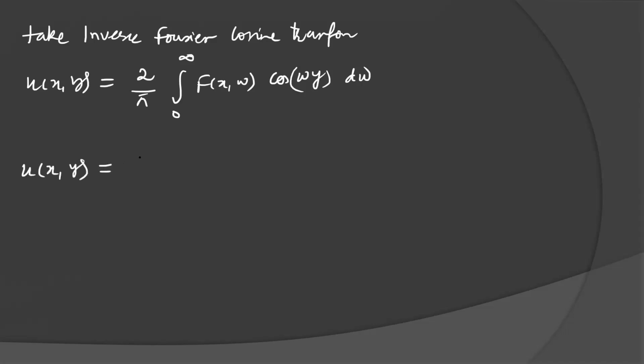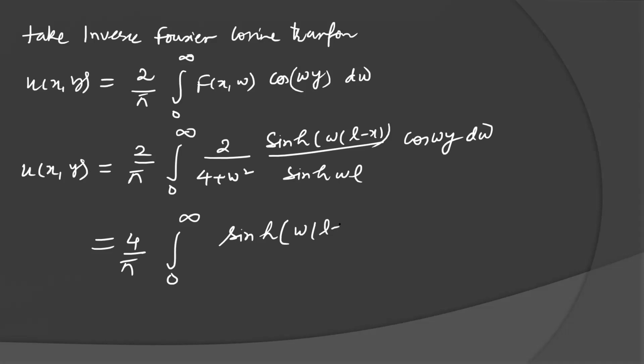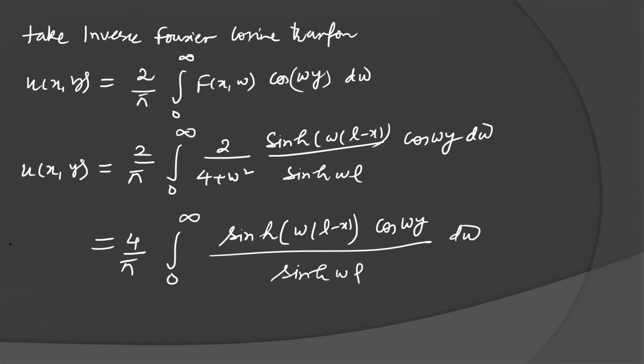So u(x, y) will be 2 over pi, integral from 0 to infinity, putting the value of f(x, omega): 2 over 4 plus omega square times sine hyperbolic omega (L minus x) over sine hyperbolic omega L, times cos omega y d omega. It can be written as 4 over pi, integral from 0 to infinity of sine hyperbolic omega (L minus x) cos omega y over sine hyperbolic omega L d omega. So this is the given temperature u(x, y).